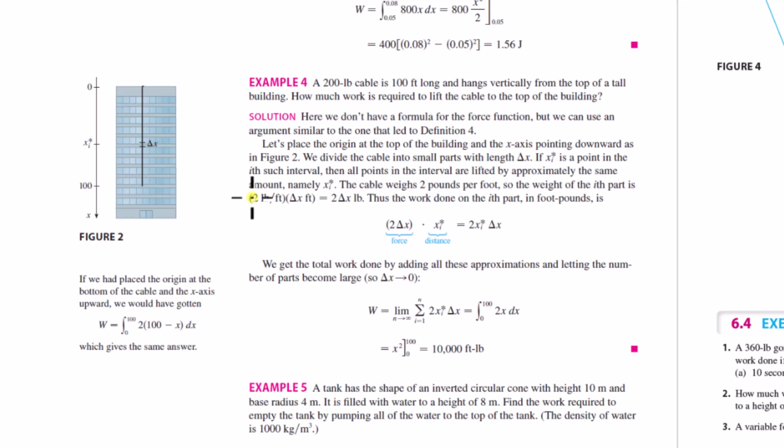And then the work done to lift that piece to the top of the building uses the x coordinate of that piece from the top of the building, going from the top of the building to the midpoint of the interval. Does that make sense? Because that means for that piece, you've pulled that weight that distance.